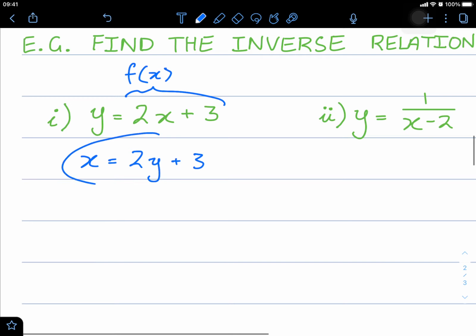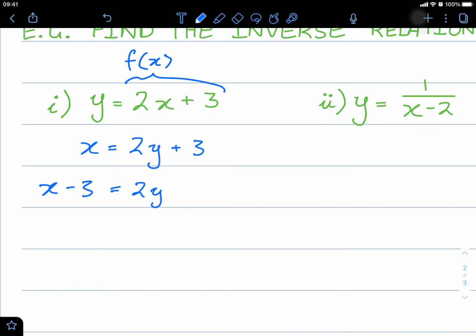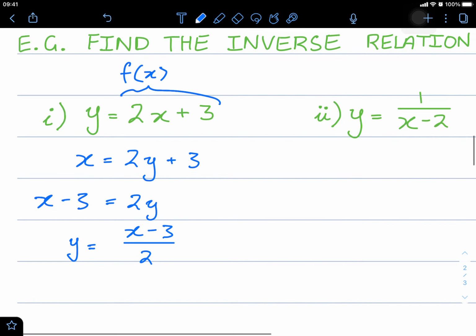And then from here, we make y the subject. I'm going to subtract 3 on both sides, and then divide by 2. I'm just going to switch places, so we get y is equal to x minus 3 over 2. And this here is the inverse of y is equal to 2x plus 3.